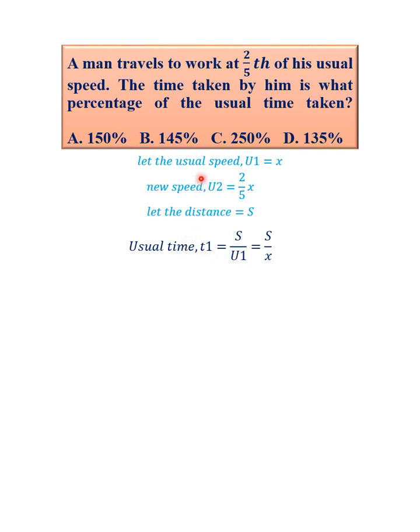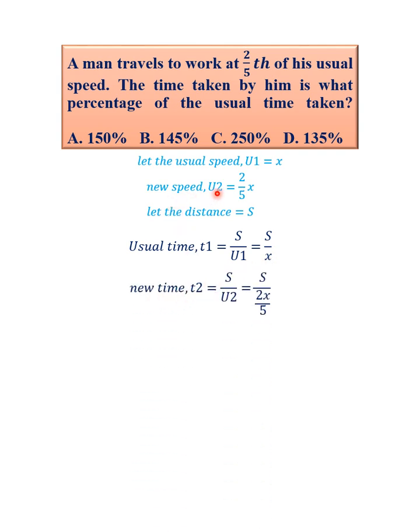If we take the usual speed to be u1, we are equally taking the usual time to be t1, and the time is the distance s divided by the speed u1. The distance is s, the speed u1, we said let it be x, so we replace it with x.